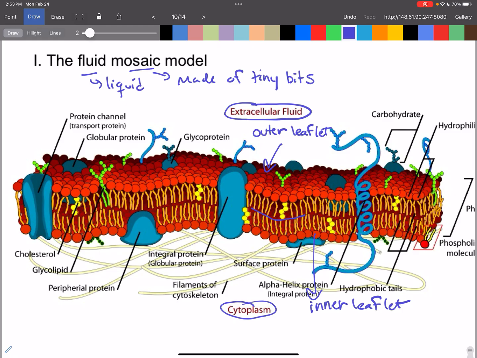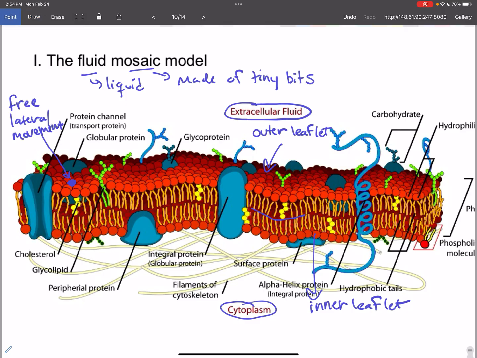So a couple things about the way the lipids can move. Like we said, it's the fluid mosaic model. So if you were to pick on, say, a lipid, I'm going to point at this one right here. I'll color it in. This lipid right here has what we would call free lateral movement. Now, lateral means side to side, and free means that it's capable of doing that.